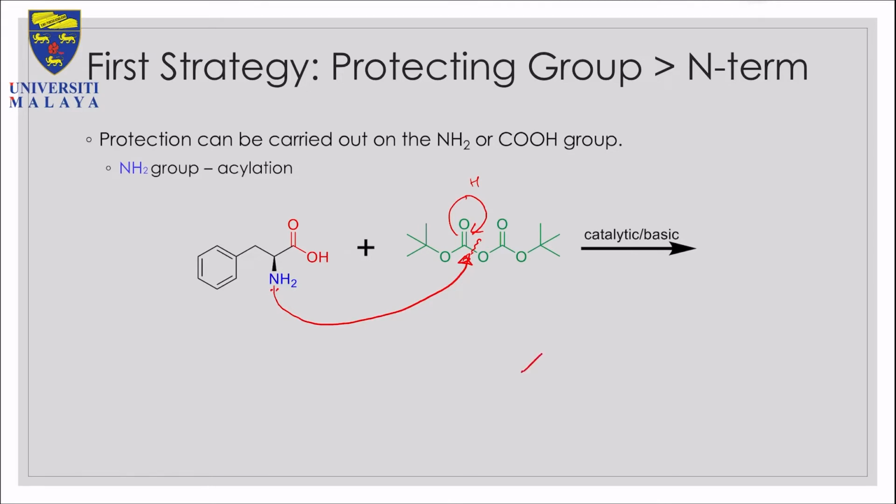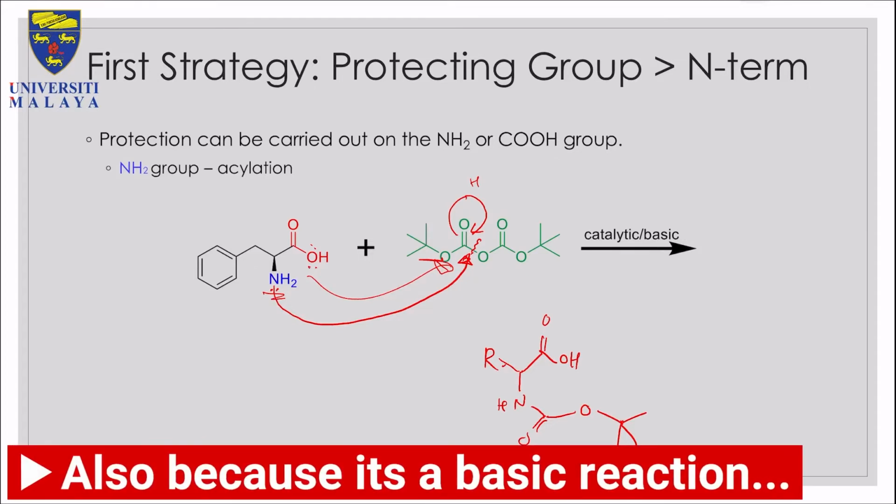Therefore, you will have your amide bond, with the C terminal OH and your R group. As simple as that. But of course, you might also get some of this going on over there, but the amino group is more reactive, it's more nucleophilic. It doesn't mean that the other one doesn't work. It does, but again, to a certain degree, the amino group is preferential in this particular reaction.